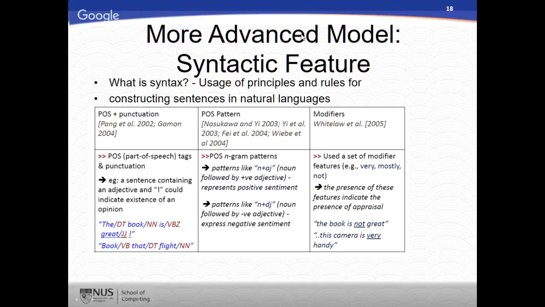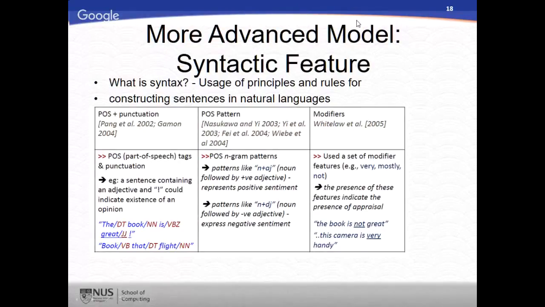For example, this one, Hatzivassiloglou et al. in 2002, studied a sentence containing an adjective and this mark, which will indicate opinion. For example, "this book is great." This is a noun, this an adjective, and this a comma, this mark.